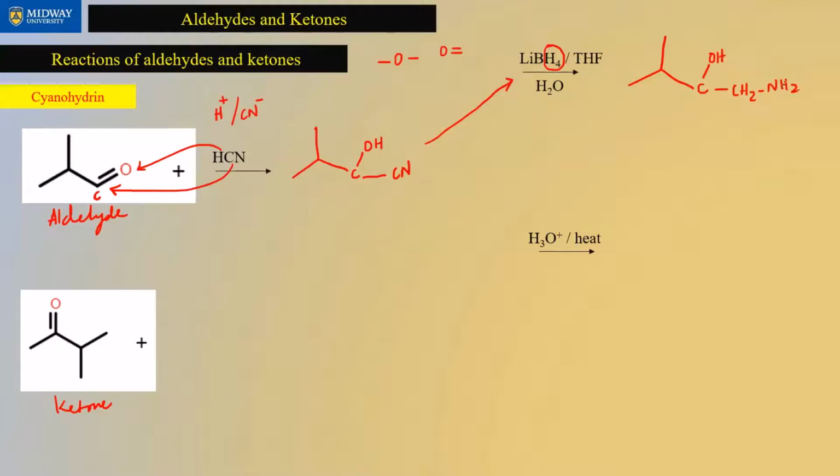This is a constant, okay? Why? Because a nitrile, when it undergoes reduction, results in CH2 and NH2. So you went from a nitrile to an amine, because NH2 is an amine.